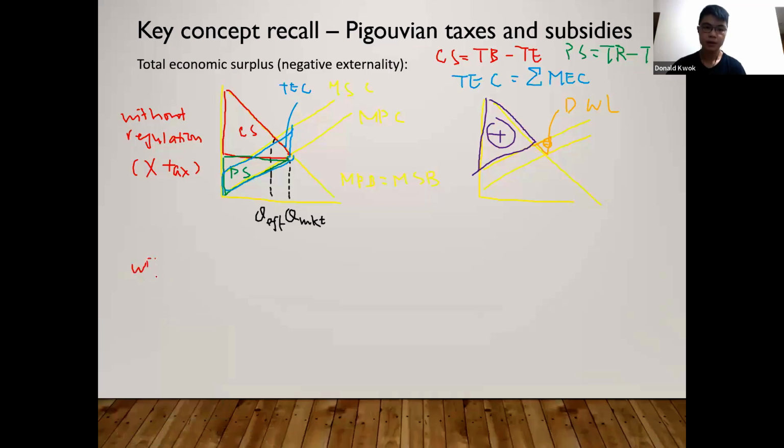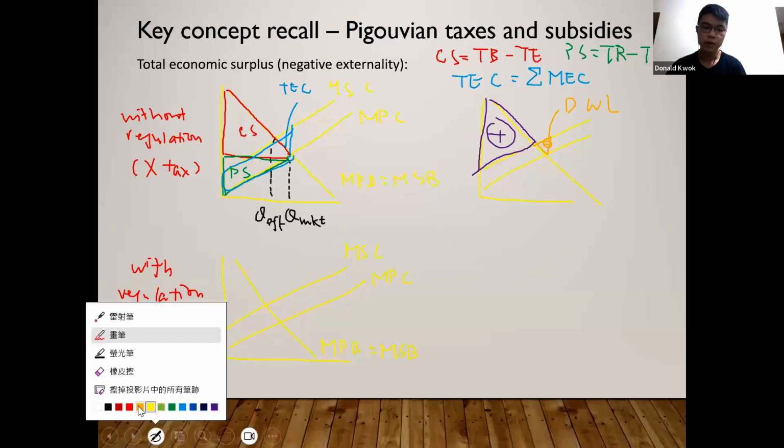All right, let's move on to observe how a per unit tax can solve the problem of negative externality here. Okay, so to start with, let me draw the frame here first. Okay, so we have the divergence between the two cost curves, and we also have the benefit curve as shown here.